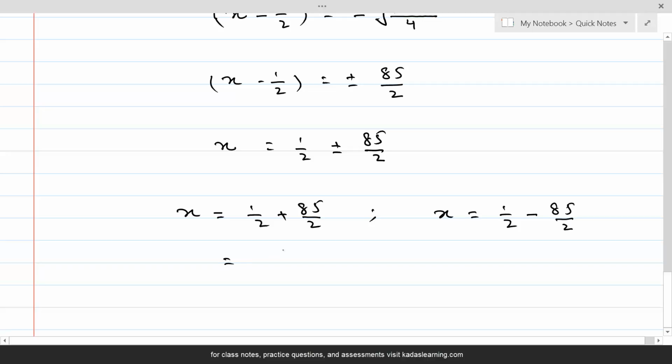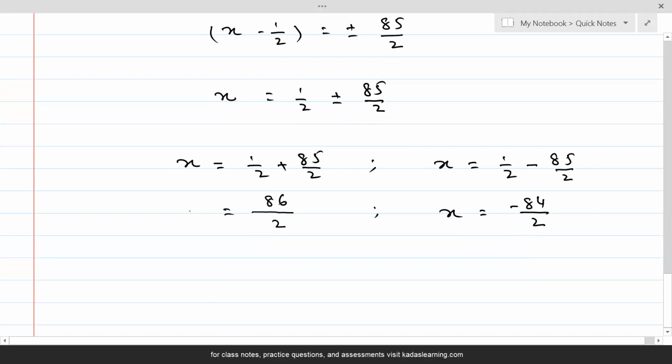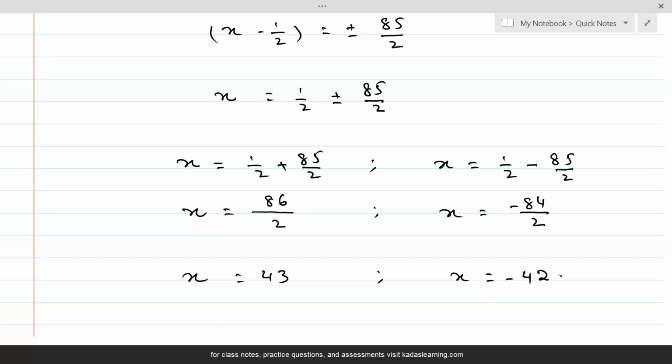So in this case this is 86 by 2, and in this case x is equal to minus 84 by 2. So here x is equal to 43, and here x is equal to minus 42. So these are the two values of x for which we employed the square completing method, and we got the solution for the given quadratic equation.